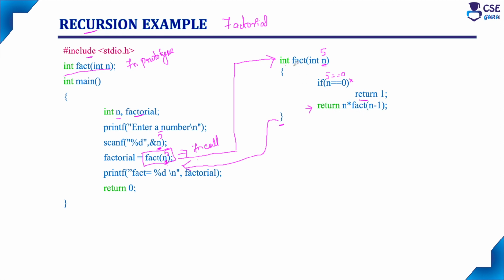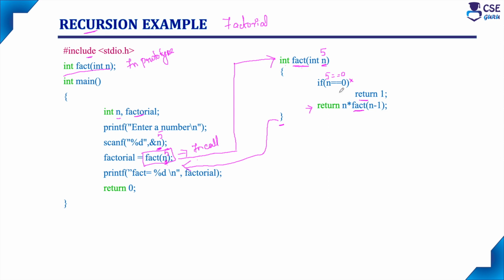Fact is the function name, and a function that calls itself is recursion. This fact is this function's own name, so a function calling itself is nothing but recursion. Here we are not calling any different user-defined function.